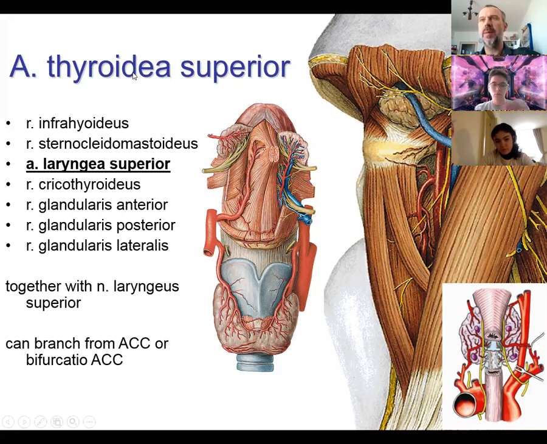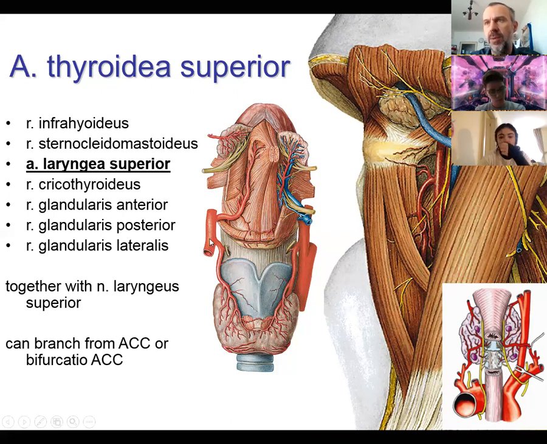Now let's talk about the branches. The first branch is the superior thyroid artery. The superior thyroid artery descends down inside the carotid triangle as low as the thyroid gland. It supplies the thyroid gland together with the inferior thyroid artery, which is branched off from the subclavian.